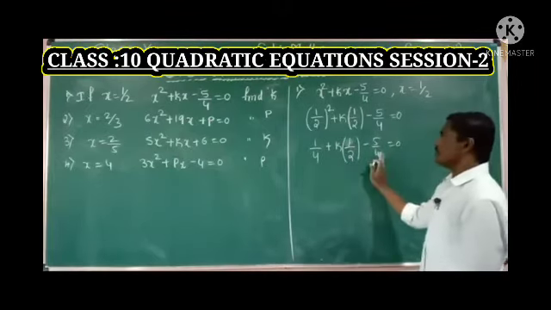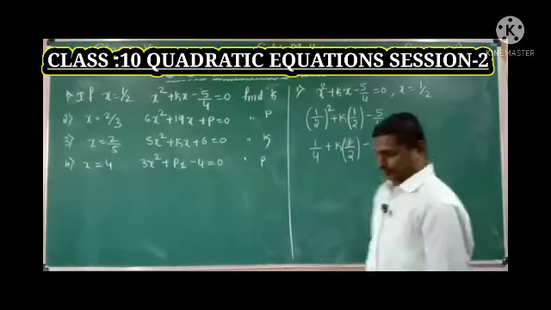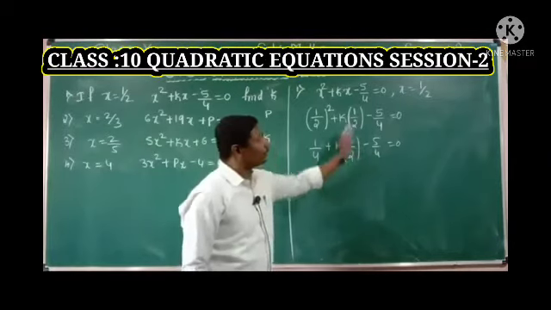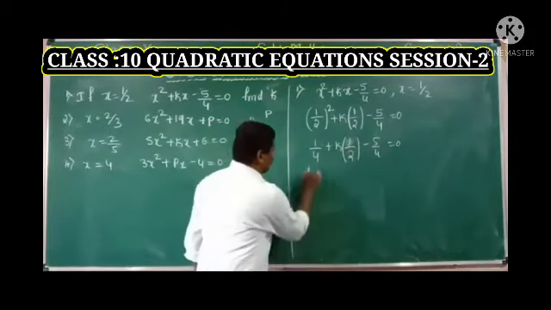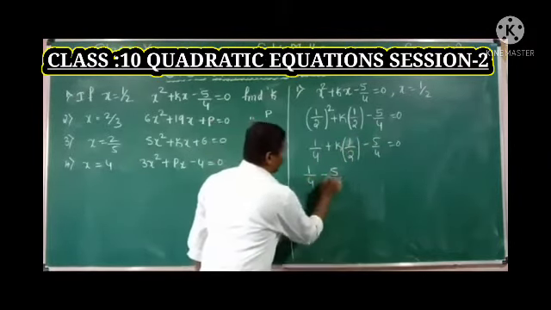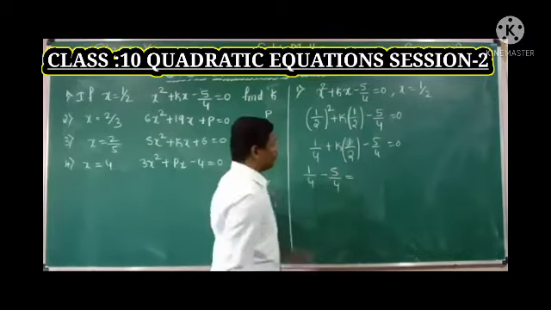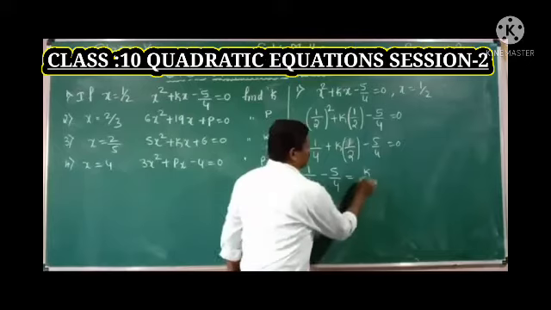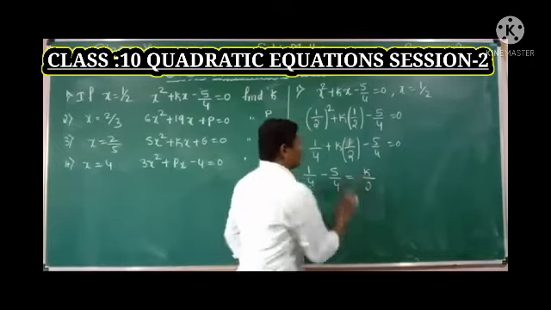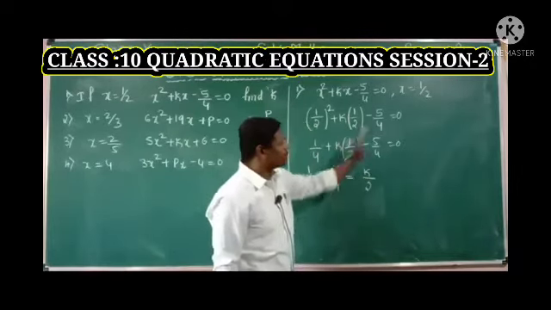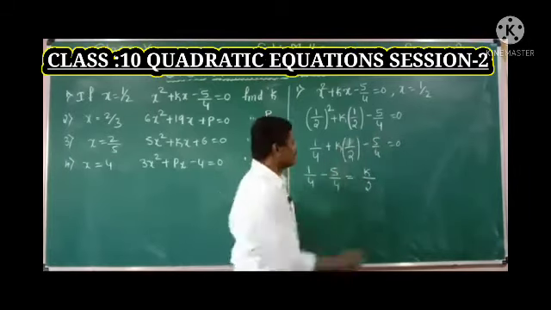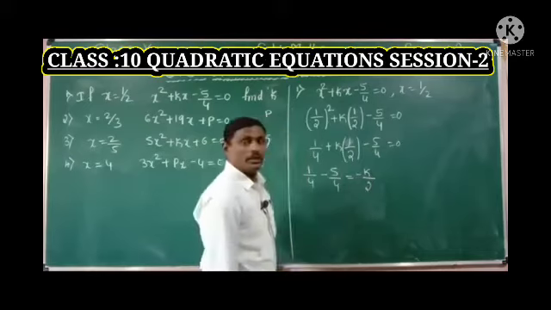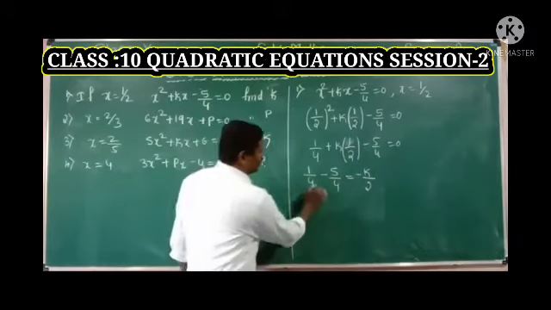Take these two terms to one side, or you can take the unknown value to the RHS. 1 by 4 minus 5 by 4 is equal to minus k by 2. Once I take any term from LHS to RHS, the sign gets converted, so this is minus k by 2. Now take the LCM.